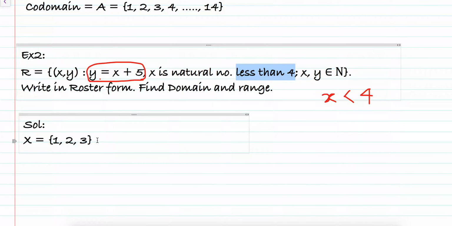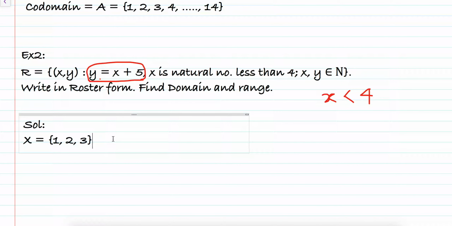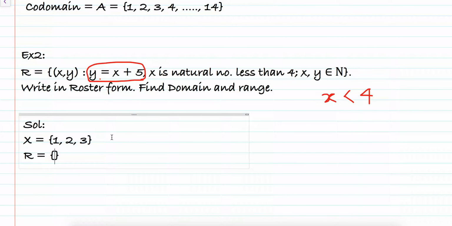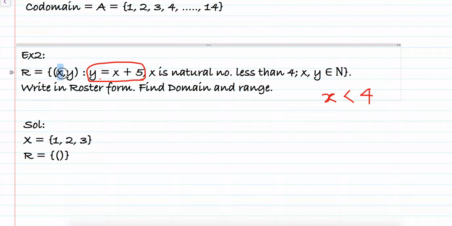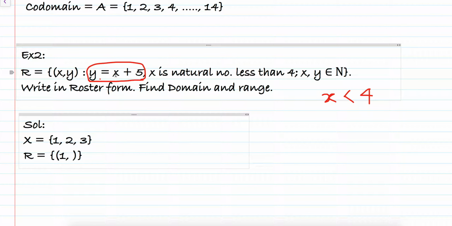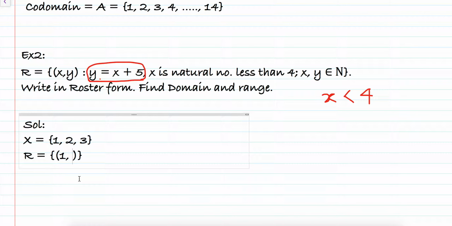So x can take only 3 values. So now we can write R. The first element of every ordered pair can take values 1, 2 or 3. If we write 1 here, y should be x plus 5, so it will be 1 plus 5, that is 6. Then if we write 2 here, it should be 7. And if we write 3 here, it should be 8.